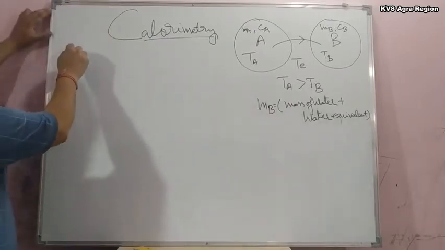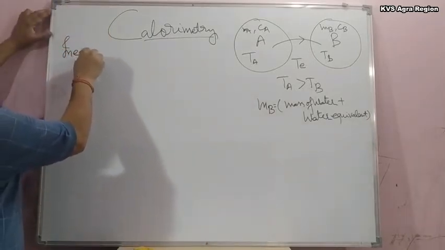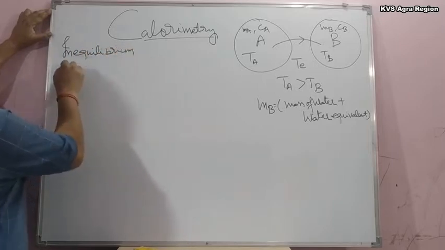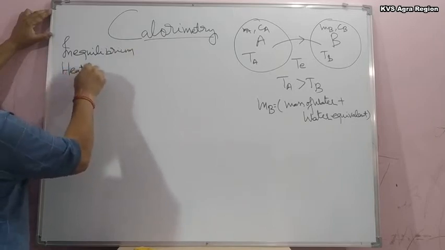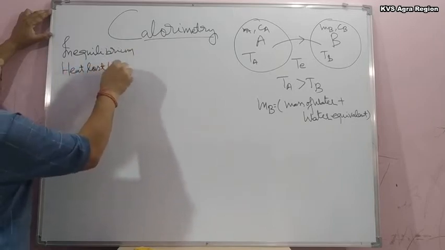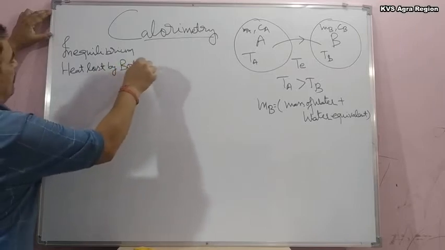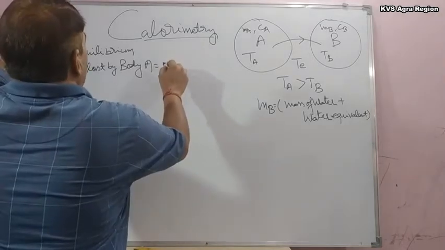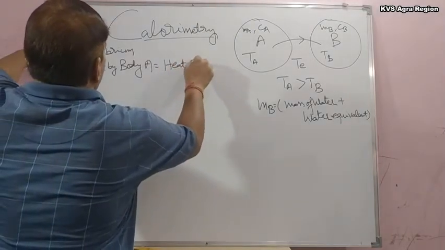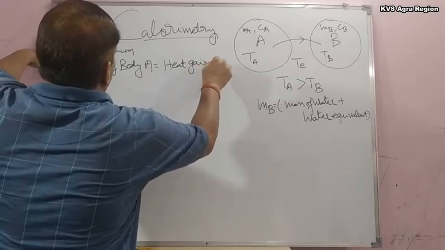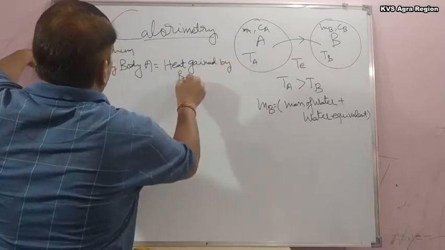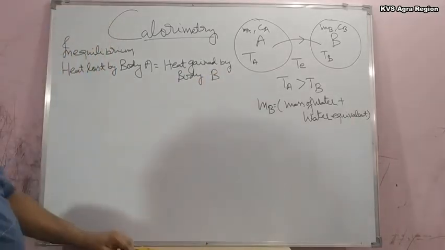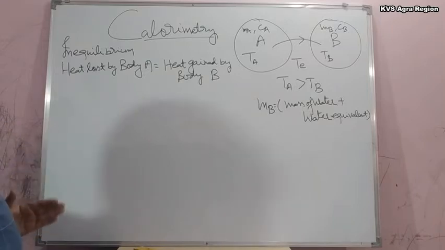In equilibrium, heat lost by body A will be equivalent to heat gained by body B. So what amount of heat will be lost by body A?